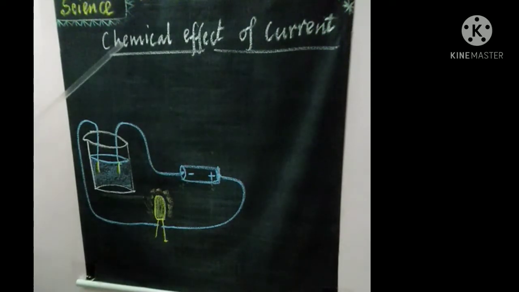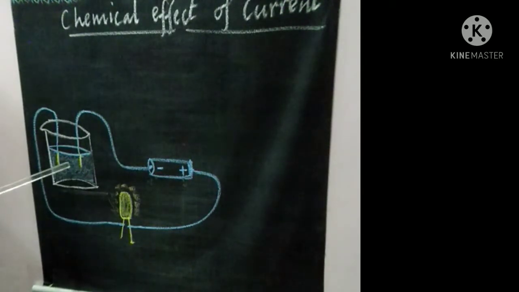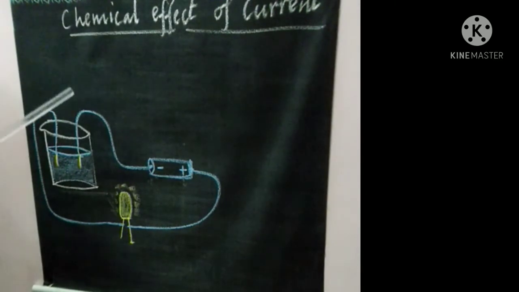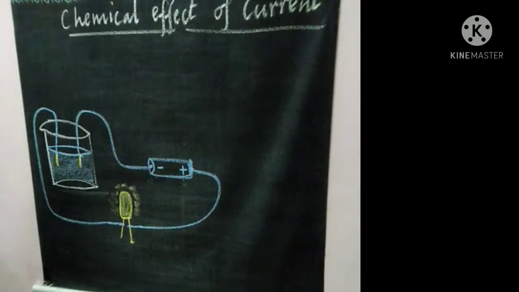This is called chemical effect of current. So when electric current passes through the solution, the compound inside the solution gets dissociated and produces electrons. That's what happens really. A chemical change is happening. A chemical reaction is happening that makes dissociation of the solution.